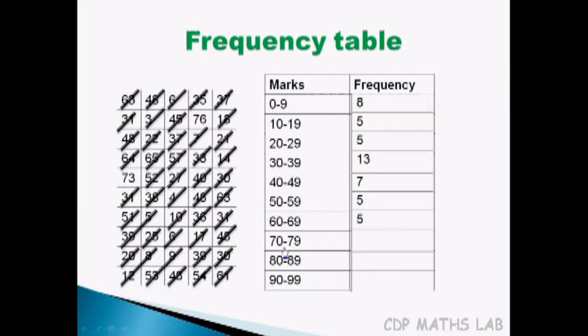Now how many persons scored from 70 to 79? That's 1, and that's 2. So only 2 persons scored from 70 to 79. And of course, no one scored from 80 to 89 and from 90 to 99. Very good. Did you get this? If you got this, you're on the right track.